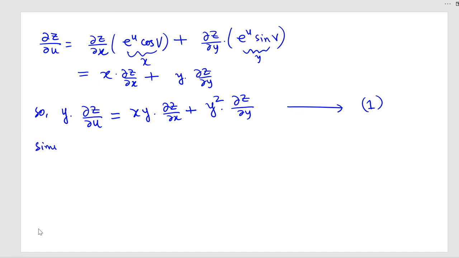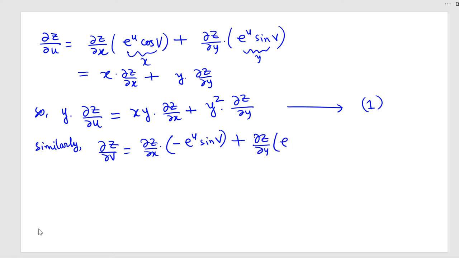Similarly, we have del z del v equals del z del x into minus e to the power u sine of v plus del z del y e to the power u cosine of v, because this is for del x del v, and this is for del y del v.